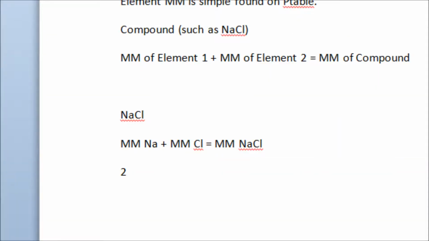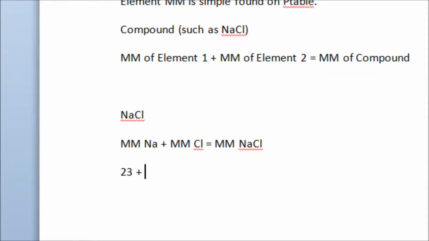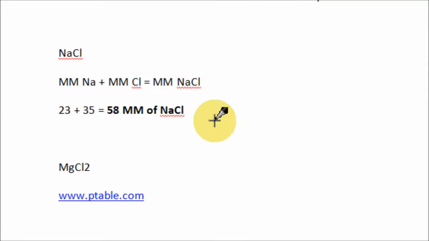We'll call it 23. 23 plus chlorine, 35.453. We'll call it 35. Equals, basic math. I'm not good at this. I want to say 50. This is seriously really pathetic. 58. That was terrible. So 58 is the molecular mass of NaCl. Super simple. So yeah, that's the molecular mass of sodium chloride.